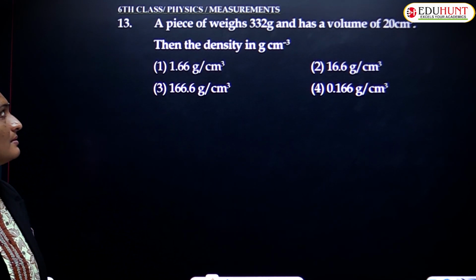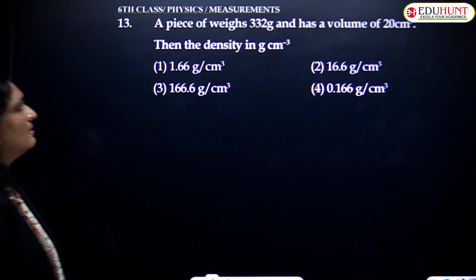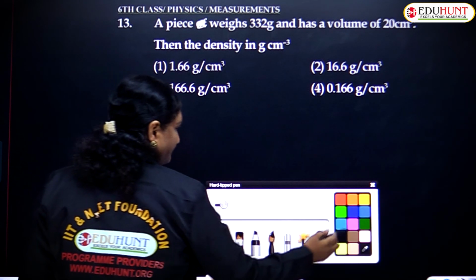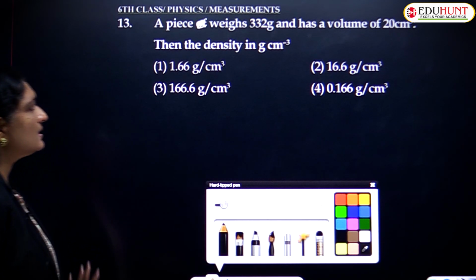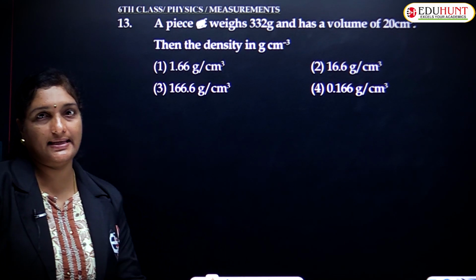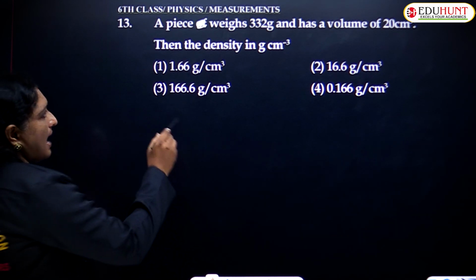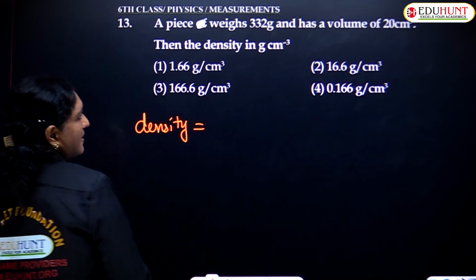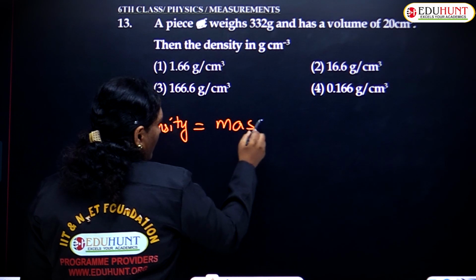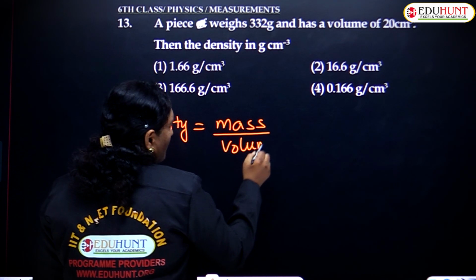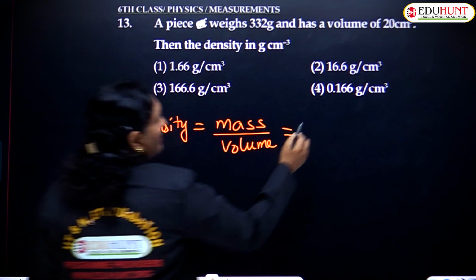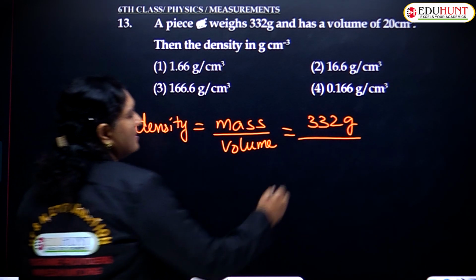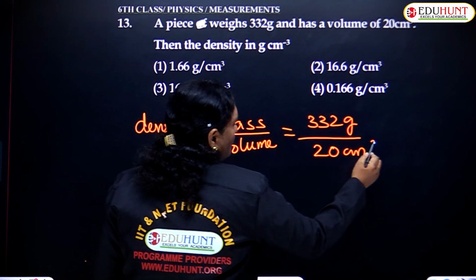Next, a piece weighs 332 grams and has a volume of 20 centimeter cube. Then the density in gram per centimeter cube is? What is the formula for density children? Density equals mass by volume. How much is the mass they have given there? 332 grams upon, what was the volume they gave? 20 centimeter cube.